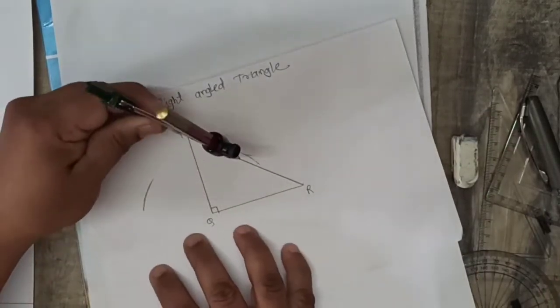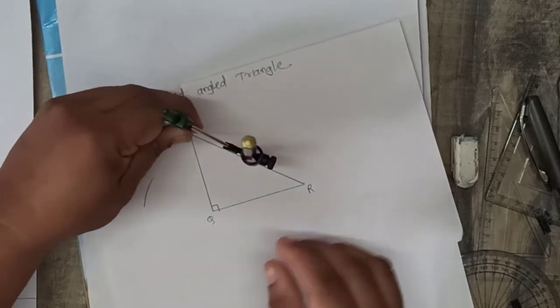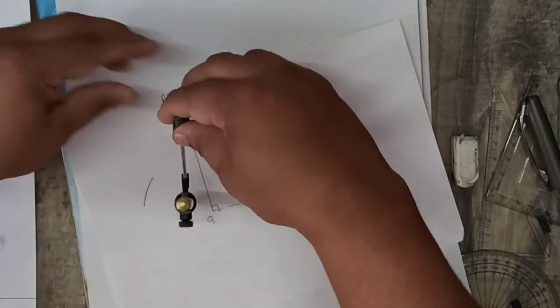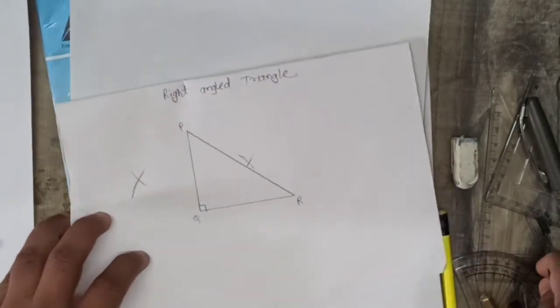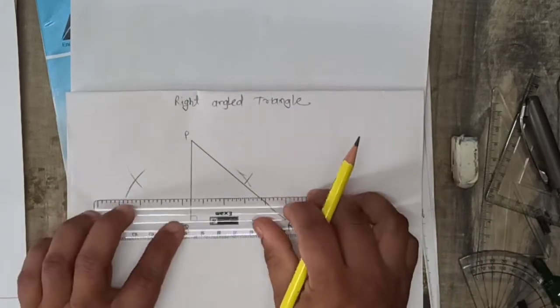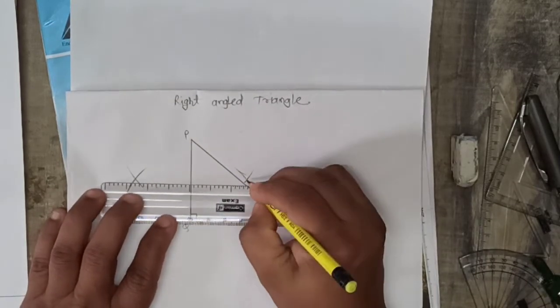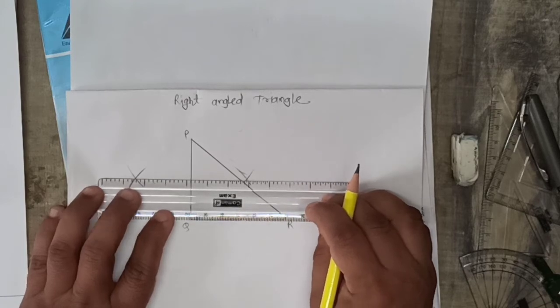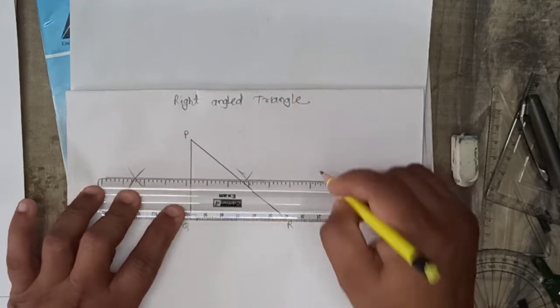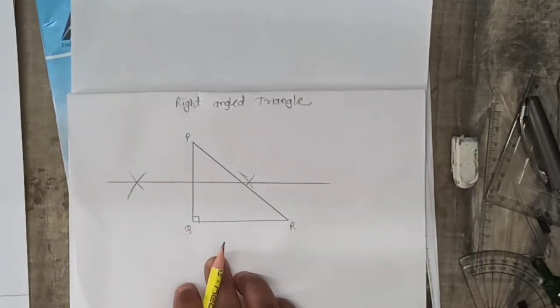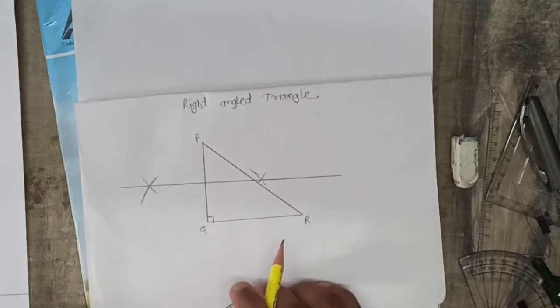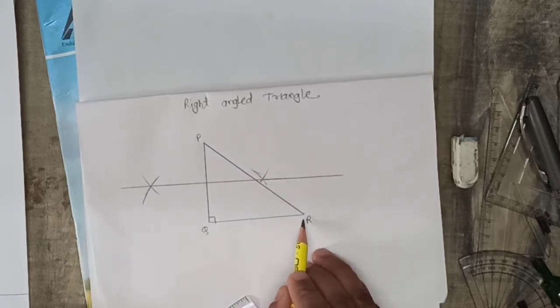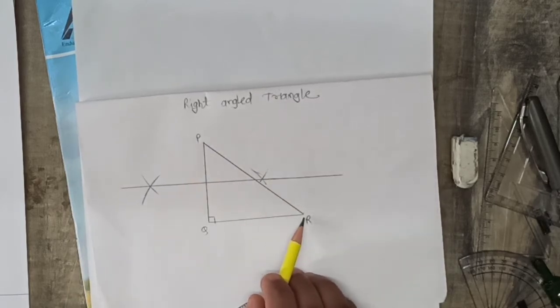Without changing the distance, take P as center and draw the arcs. Join the intersecting points of these arcs. In the same way, we will draw the perpendicular bisectors of segment QR and segment PR.